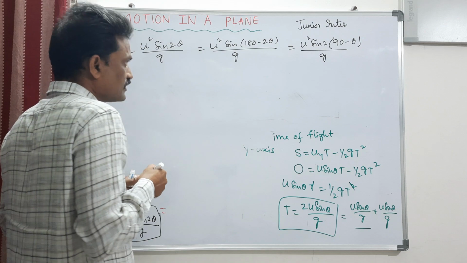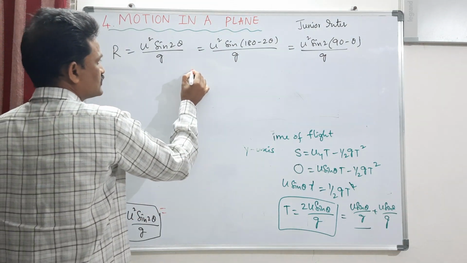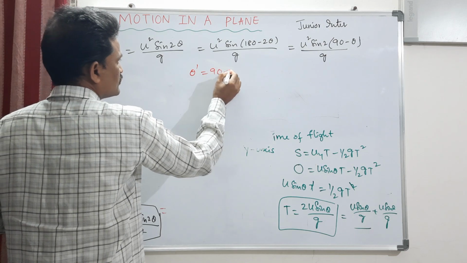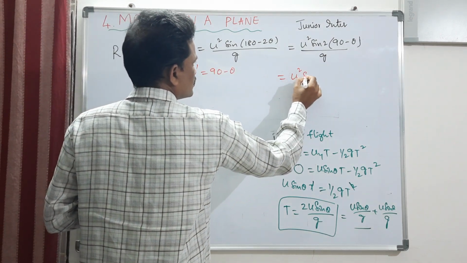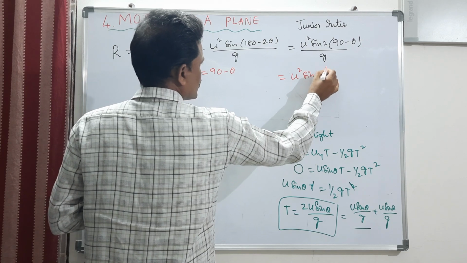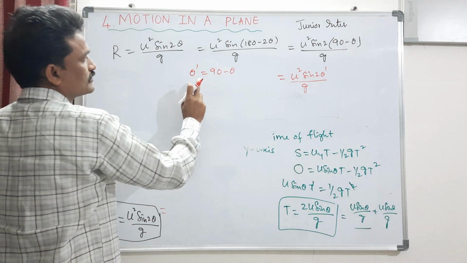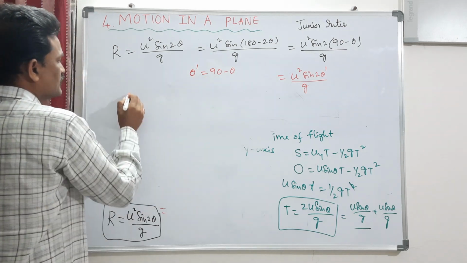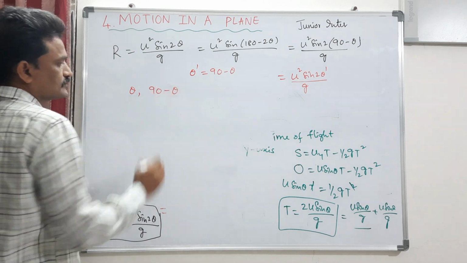So instead of writing 90 minus theta, I indicate 90 minus theta as theta prime. So this is u square sin 2 theta prime by g. So for same r values, there are two angles possible. One is theta, the other one is 90 minus theta.